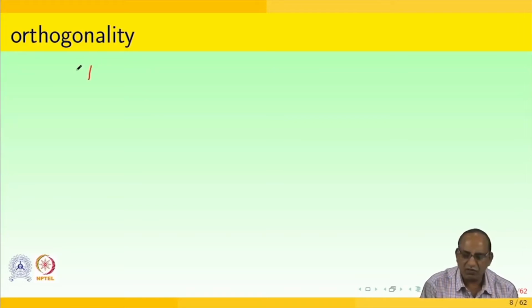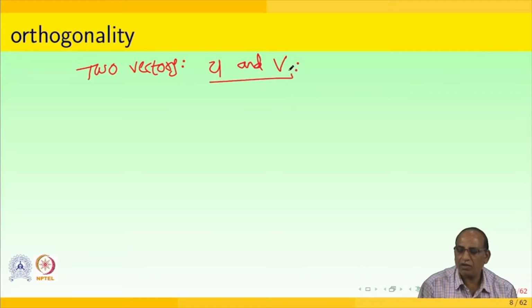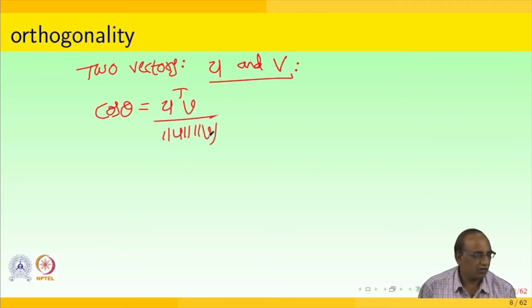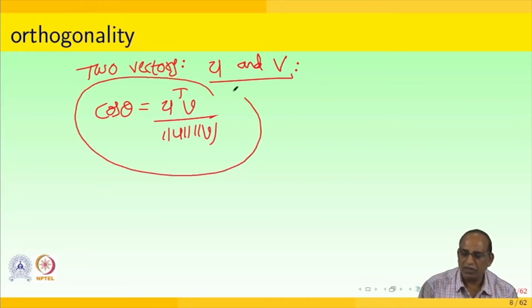For example, if we take two vectors u and v, then cos theta is equal to u transpose v upon norm of u times norm of v. This is what we call the orthogonal property of two vectors.